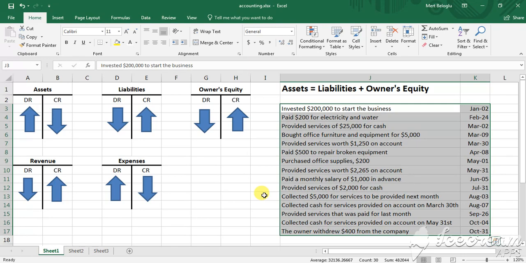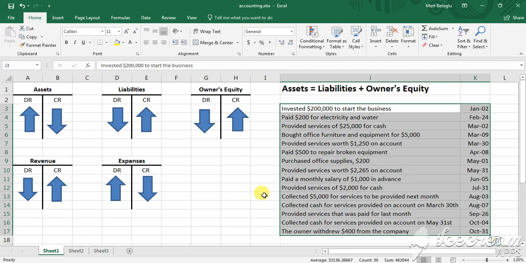T accounts are charts that list all transactions, and you need to post each journal entry to their relevant T account, which will allow you to find the final balance of that particular account at the end of the accounting cycle.